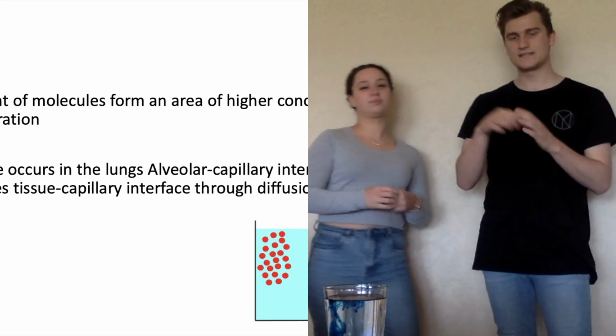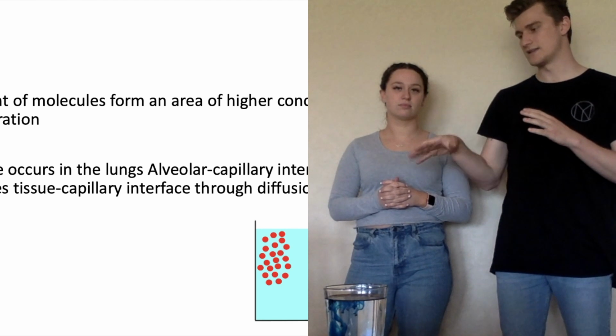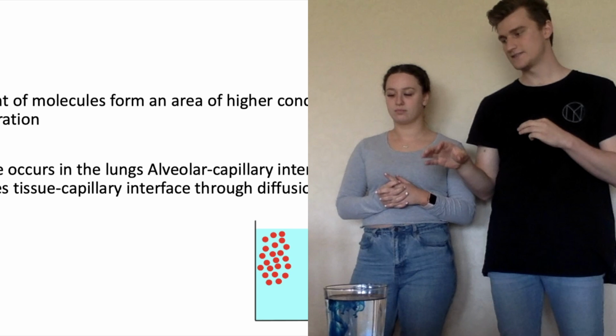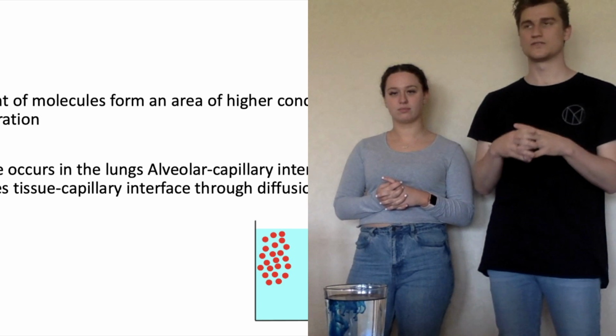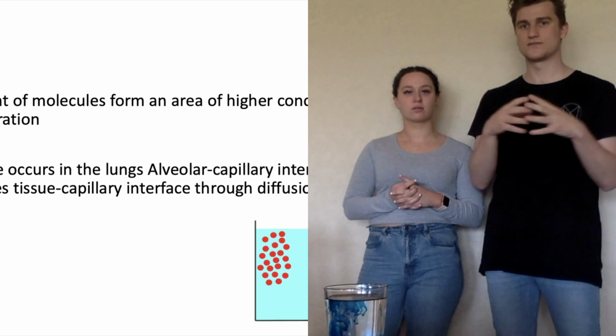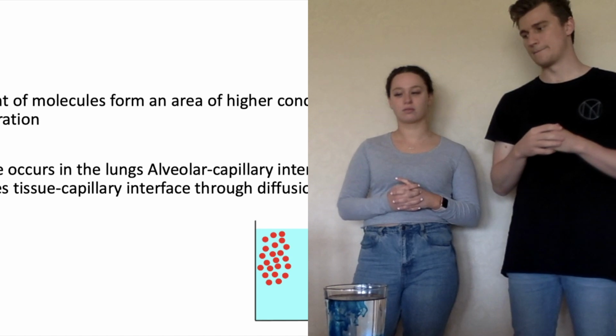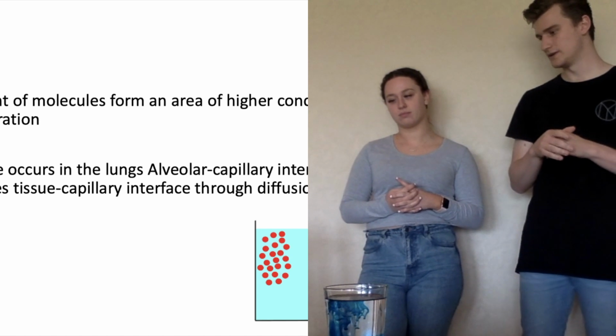Gas exchange occurs in the body, at the lungs' alveolar capillary interface and the muscles' tissue capillary interface, through diffusion. This is how oxygen gets from the lungs into the blood, through the capillaries that join the lungs to the blood flow.